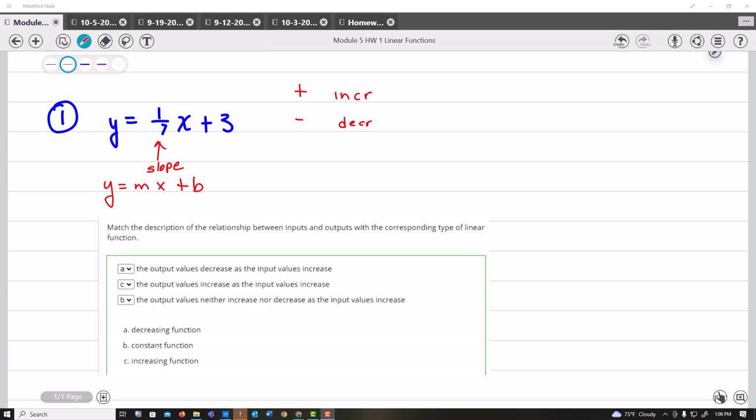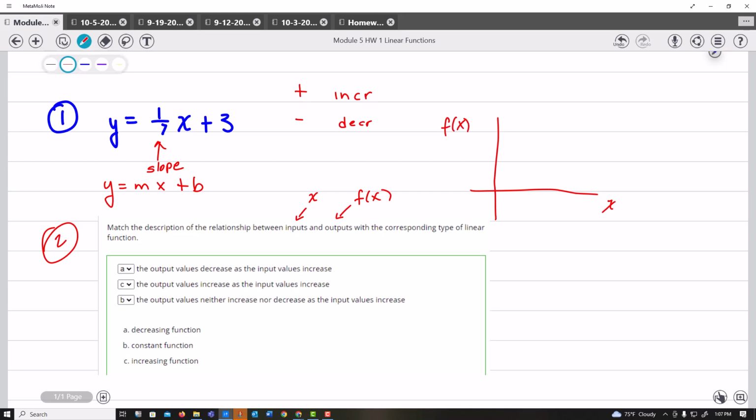All right, and then this question asks, match the description of the relationship between inputs, which are x, and outputs, which are f of x. So you can visualize this is my x and this is my f of x.